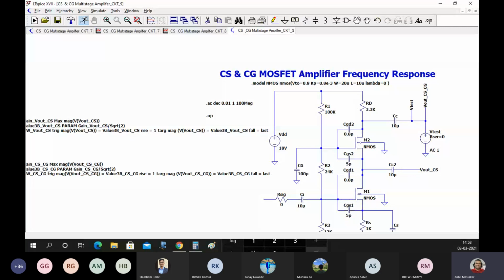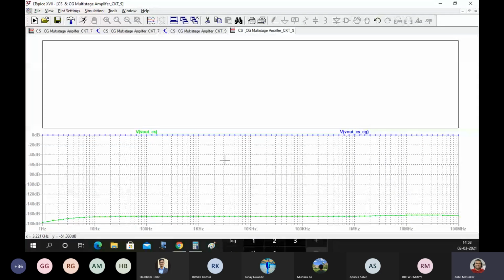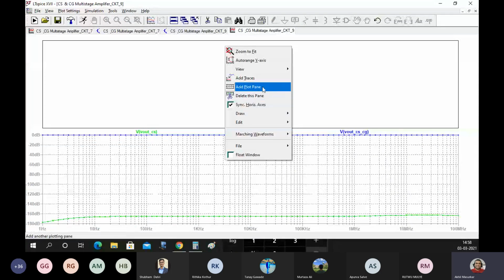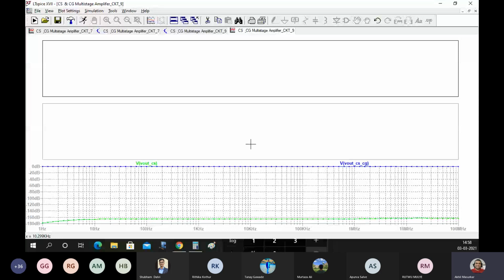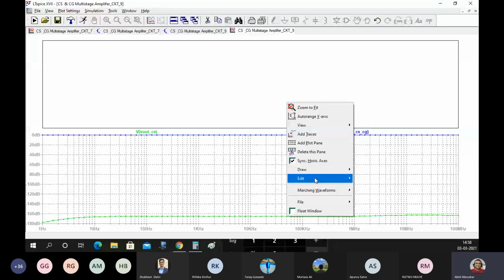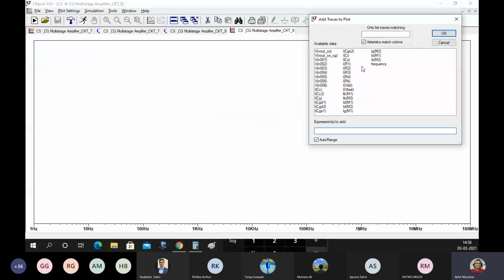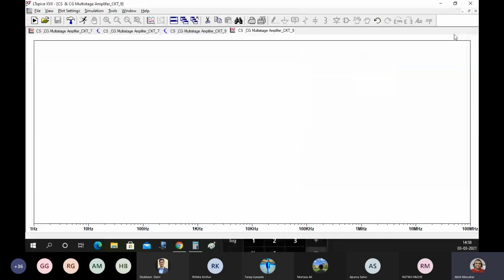So I just simulate this thing, and this plot has got no meaning now because there is no input. So you can add a trace here, and where is my V-test? It is not showing it.